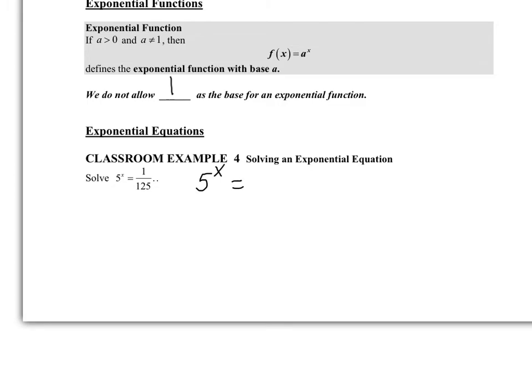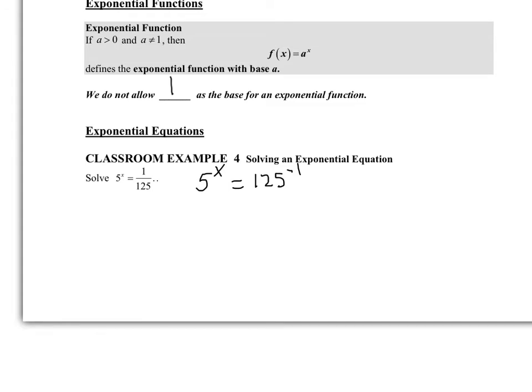And if you recall, having a fraction reminds me that I can rewrite it by pulling what's in the denominator up to the numerator as long as I put a negative exponent. Since it's 125 to the positive 1 power while it's in the denominator, I could rewrite this as 125 to the negative 1 power. In other words, I can flip the fraction, and since it was raised to the 1st power, all I have to do is make the exponent negative.